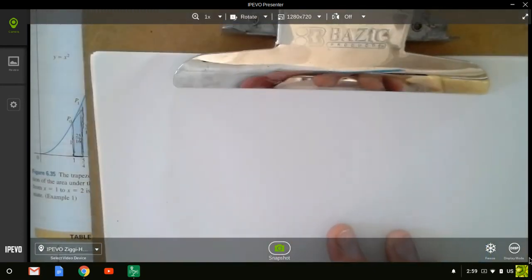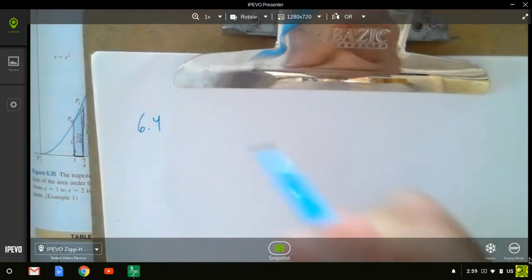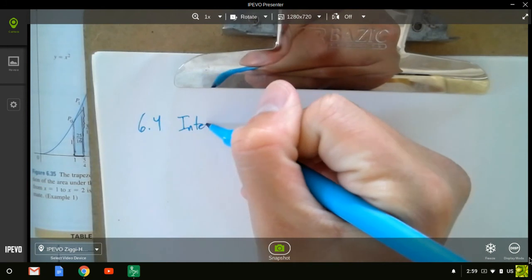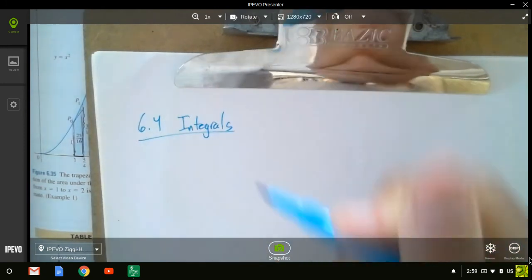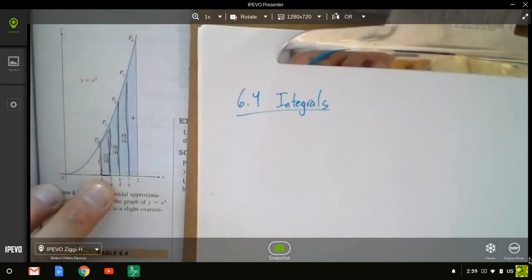This is going to be an introduction to 6.4. You've already had an introduction with 6.2, which is integrals. But let's say that we took this here, and I'm going to write different notation for this.